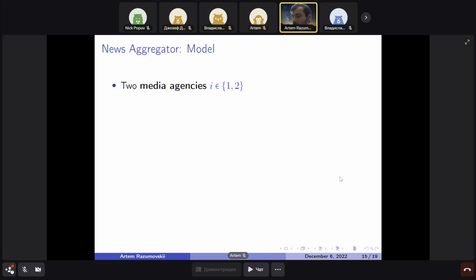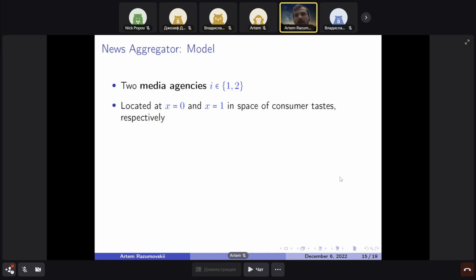So then let's think about two media agencies. Before we talked about having only 3 topics, right? That was sport, culture, and economics. But in the model we will consider only 2.